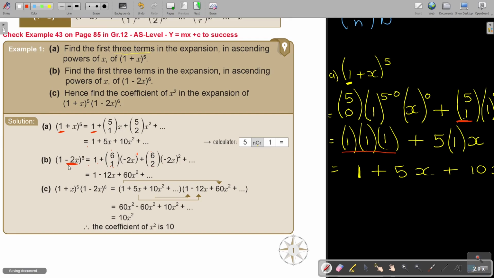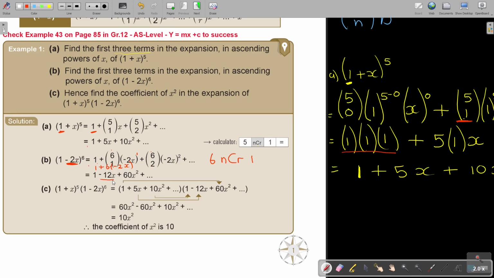Use your calculator. Say 6, I'm saying NCR, and then 1. And what are you going to get? If you press 6 NCR 1, that is going to give you a 6. Remember, it's going to be 6, but then you multiply with that negative 2x, and that's why it's negative 12x.